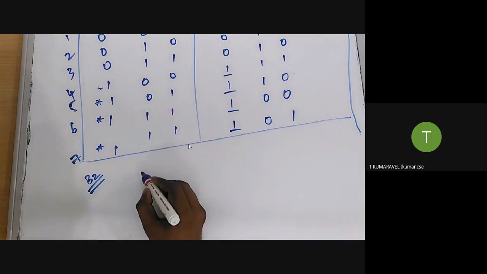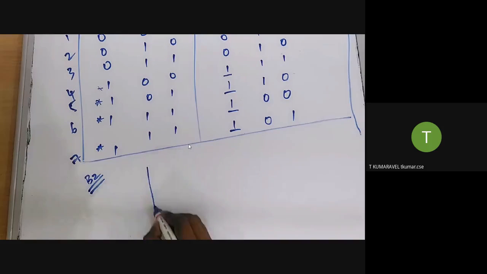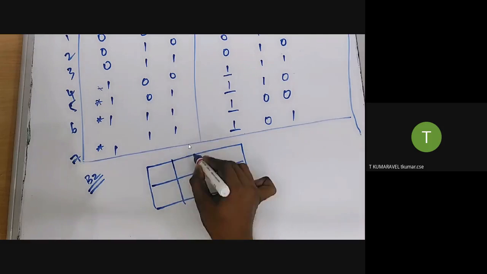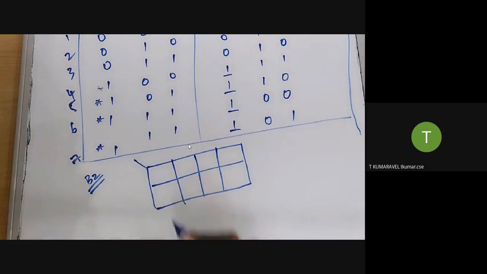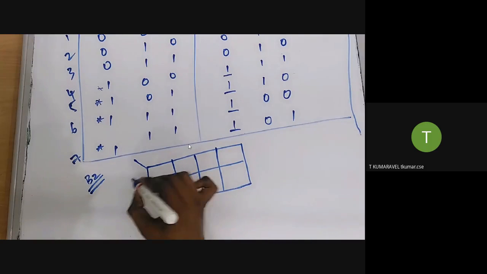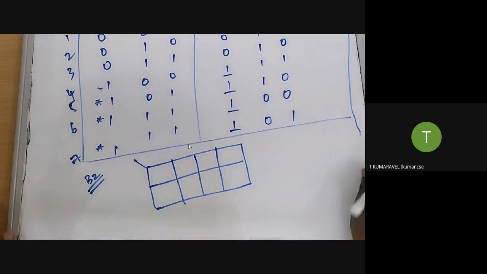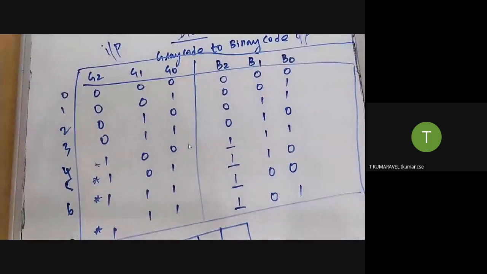In order to form the Boolean expression, you are going to take a K-map. This is a 3 variable function, so I'm going to take a 3 variable K-map, which has 8 cells.